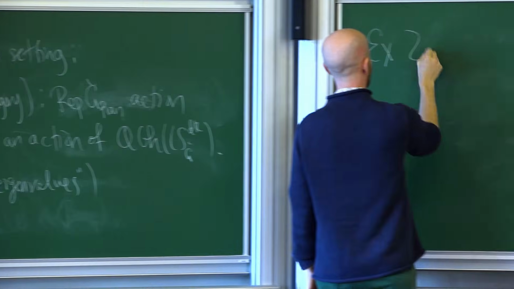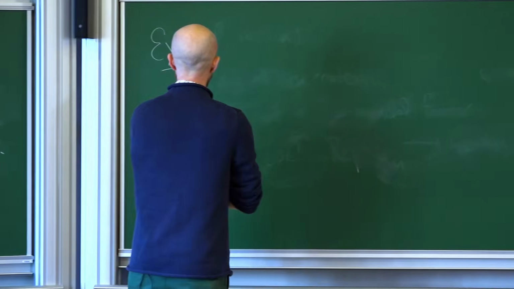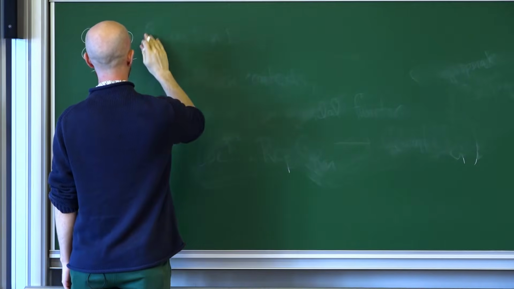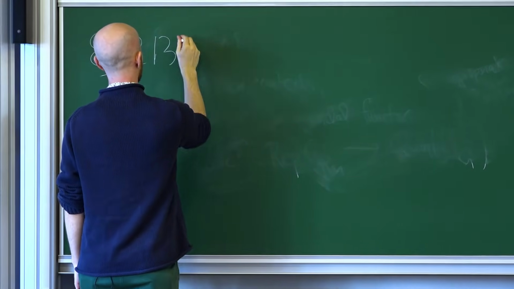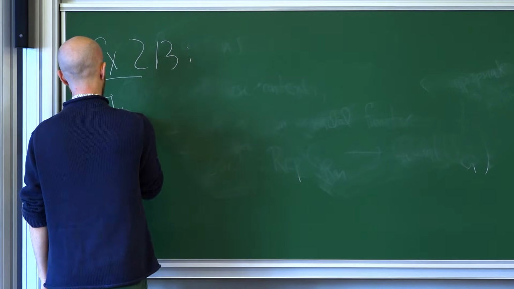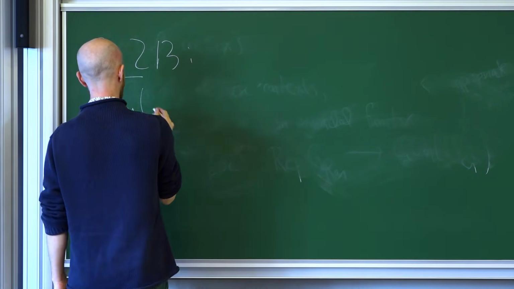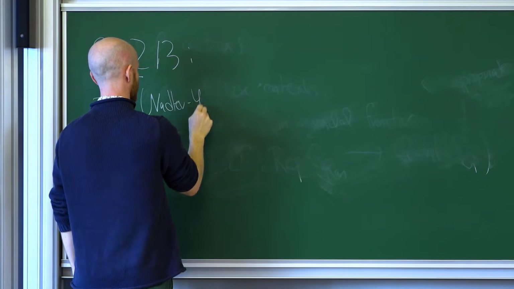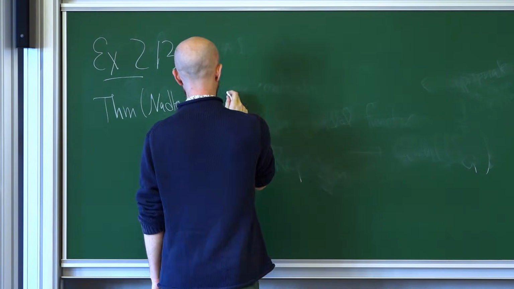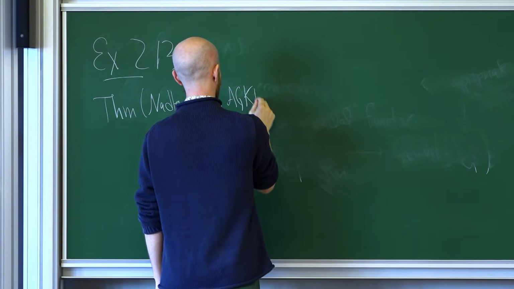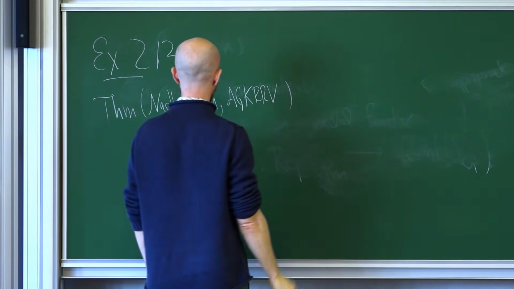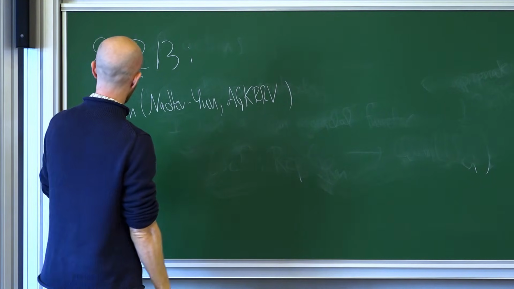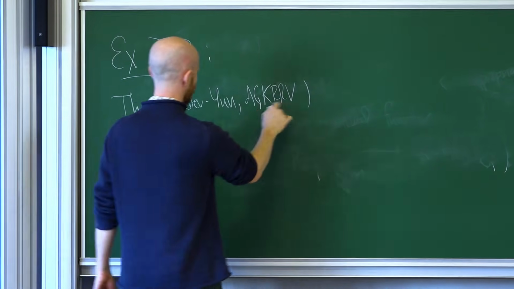Okay, so in examples 2 and 3, there's a theorem which is due to Nadler-Yun in one direction, and then maybe AGKRRV, or maybe some parts of it are a subset of that.